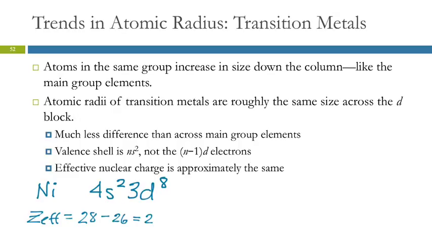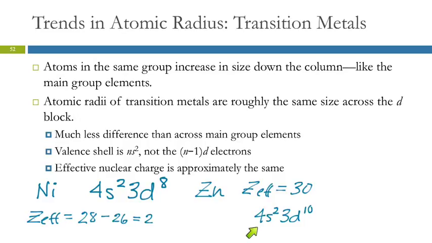Let's look at zinc. How many protons does zinc have? 30 protons. Its electron configuration is 4s2, 3d10. How many core electrons does zinc have? 28.